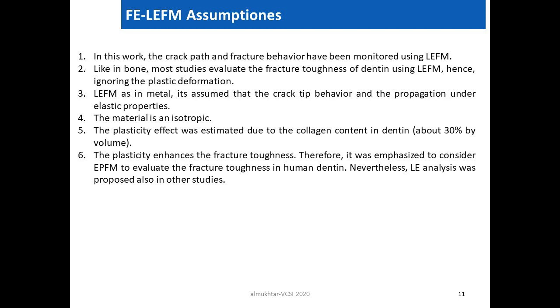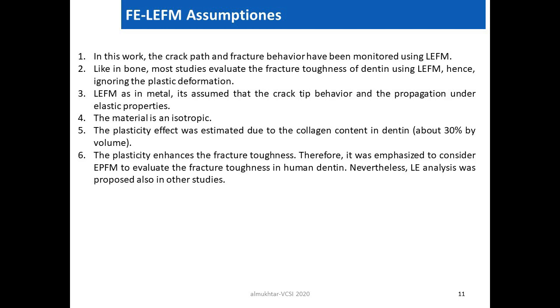Like in bone, most studies evaluate the fracture toughness of dentin using linear elastic fracture mechanics, hence ignoring the plastic deformation, or in other words, the plasticity effect over the crack tip was neglected. Therefore, the crack propagation will be under elastic properties.